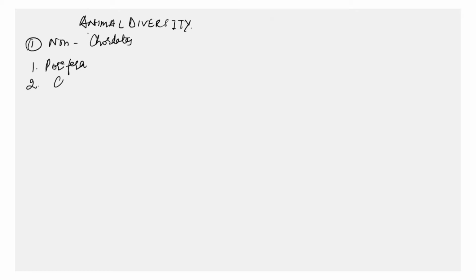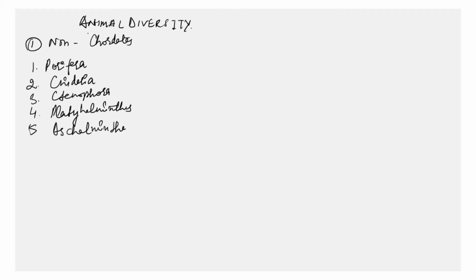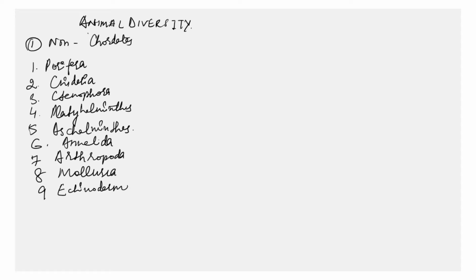then Cnidaria, which you also call Coelenterata, and then third one Ctenophora, fourth one Platyhelminthes, fifth one Aschelminthes, sixth one Annelida, seventh one Arthropoda, eighth one Mollusca, ninth one Echinodermata, and tenth one Hemichordata.